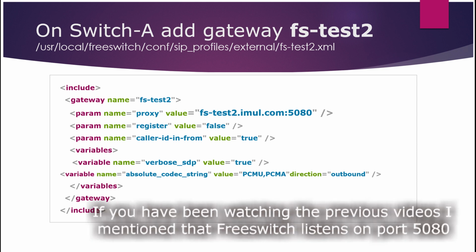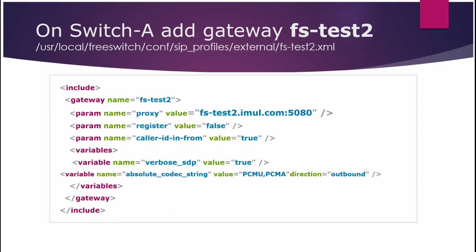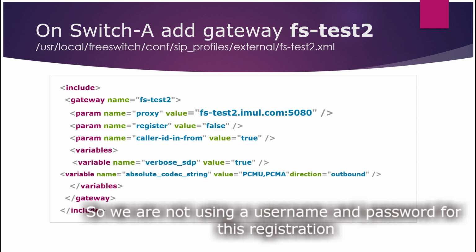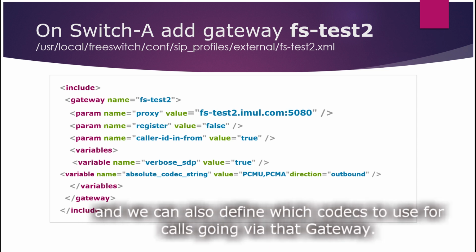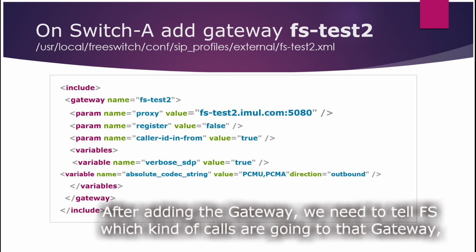And if you've been watching my previous videos, I've told you that by default FreeSWITCH listens on port 5080 for external connectivity. We are not using a username and password for this registration. And of course, we can also define which kind of codecs to use for calls that are going to that gateway. After adding the gateway, we need to tell FreeSWITCH how to route calls, or which kind of calls are going to go to that gateway.